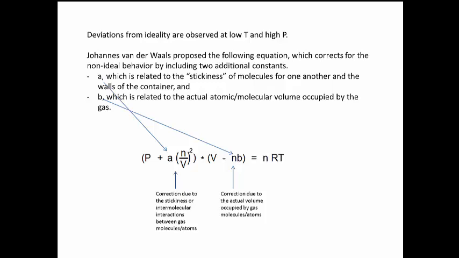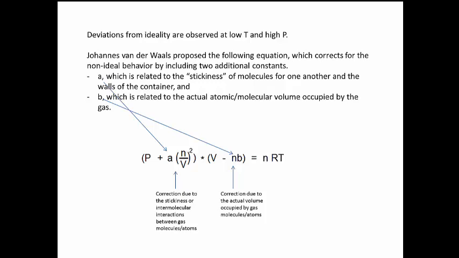That is the pressure term of the PV equals nRT, and then you have the volume term, but the volume term has a correction to it. It's volume minus n, the number of moles, times the second constant, b. So PV equals nRT, but you have these 2 corrections applied.